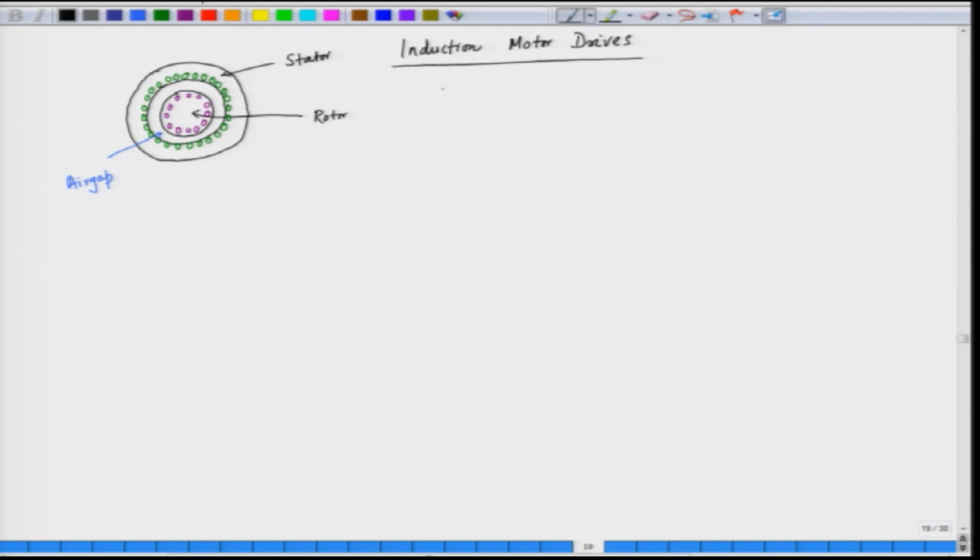So, the equivalent circuit of this motor can be drawn per phase. When we try to find out the speed and the torque of the motor, we have to draw the equivalent circuit, and it is drawn for a single phase, a per phase equivalent circuit.